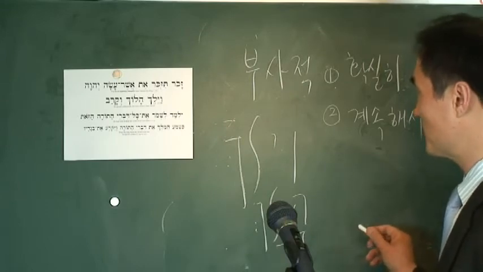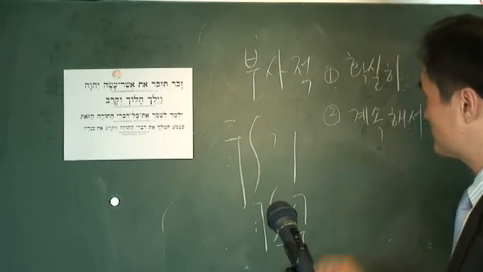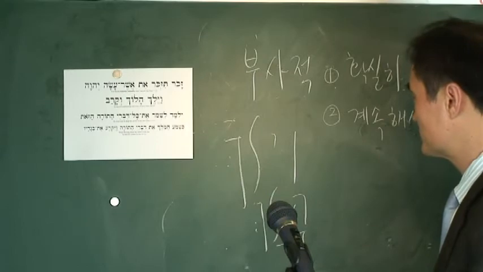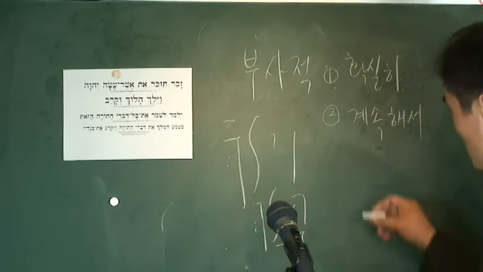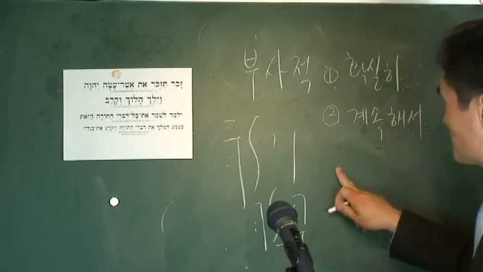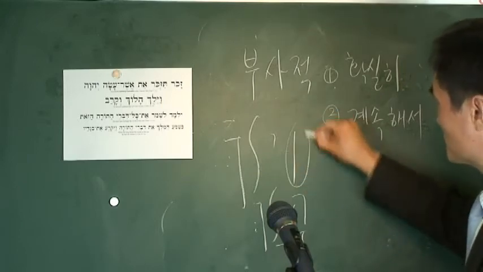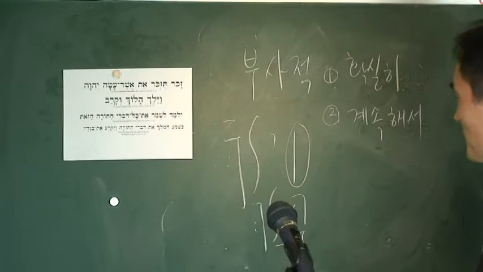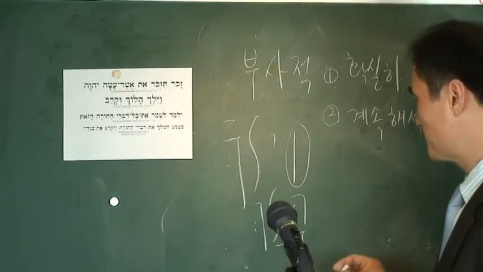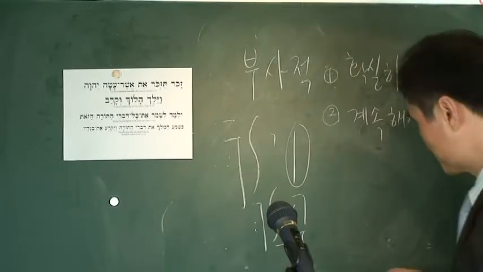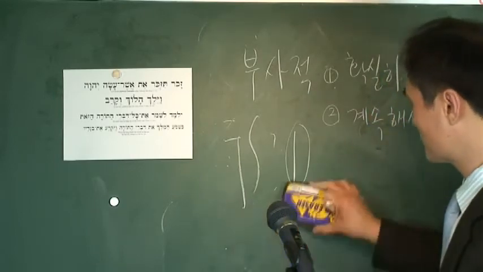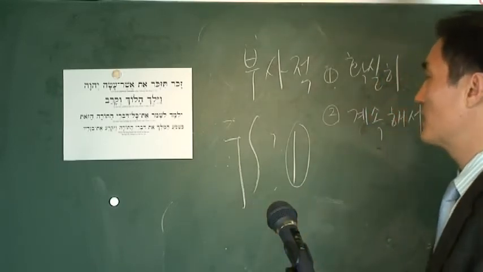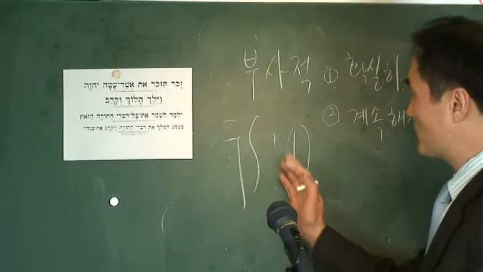This is an imperfect third person masculine singular form of halak. The third person masculine singular of halak is combined with the conjunction ve, which means and.